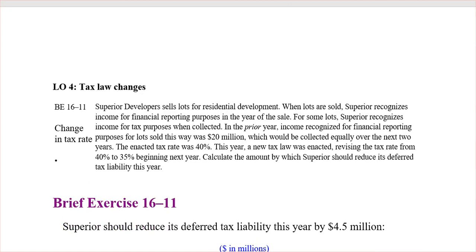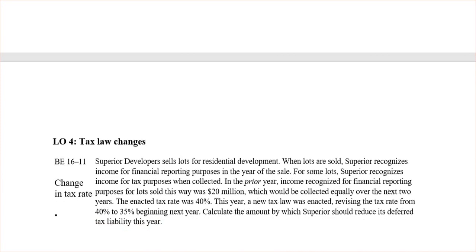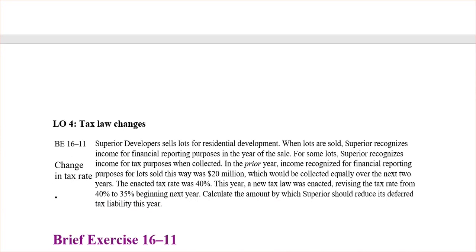When tax law changes, what do you do? You need to go in there and you need to change it just as soon as you come to the conclusion that it's wrong.